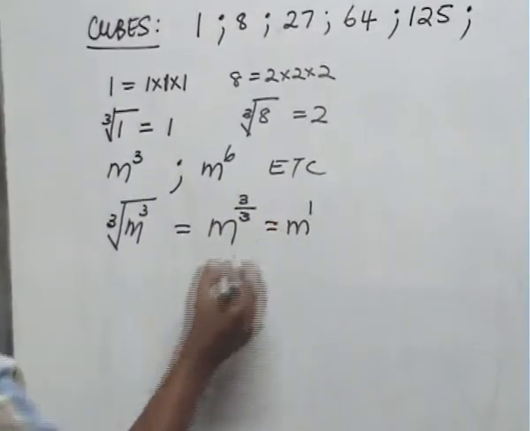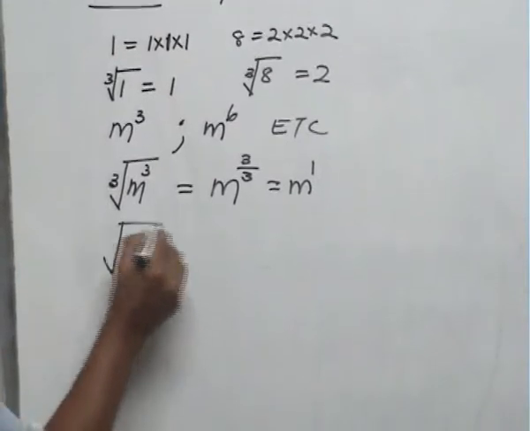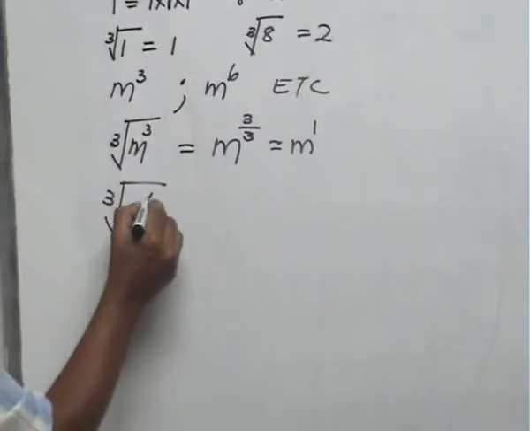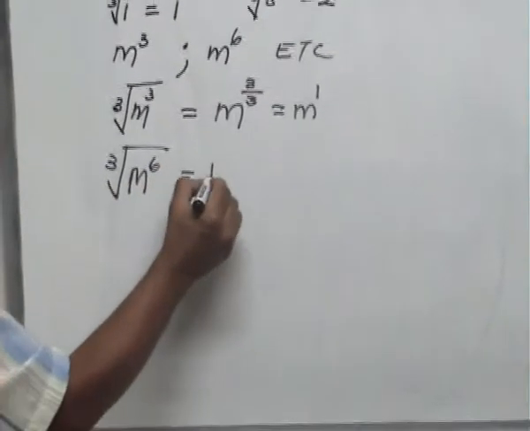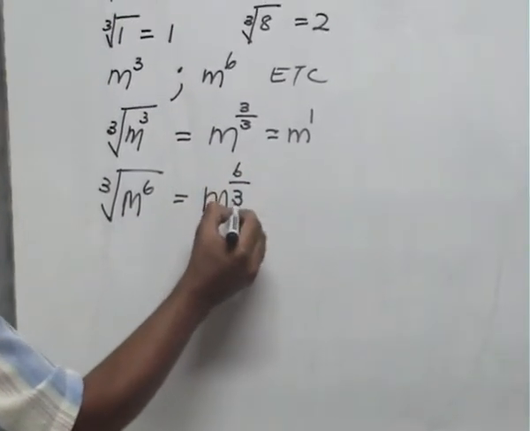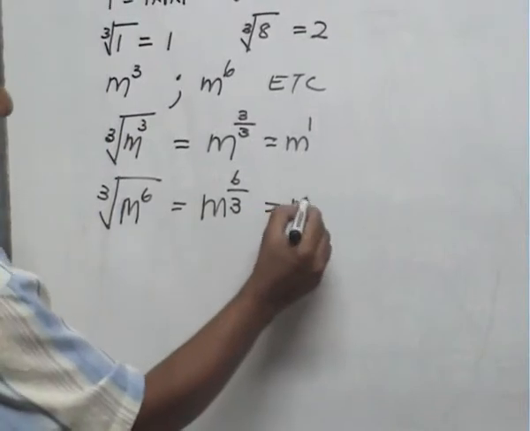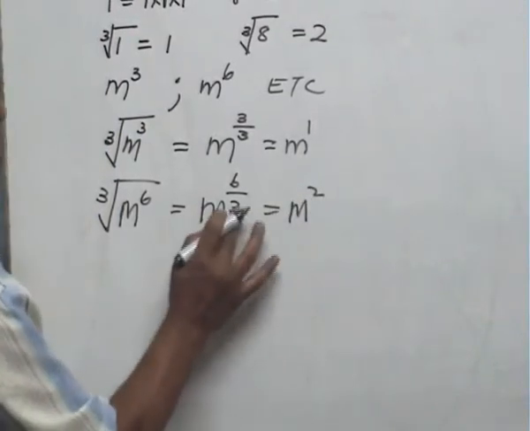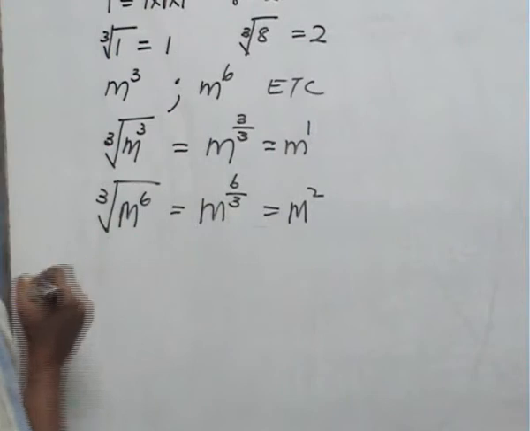So you get m to the 1. If you find the cube root of m to the 6, you write down m to the 6 and you divide by 3, you'll end up with m squared. That's supposed to be a small 3 on top there.